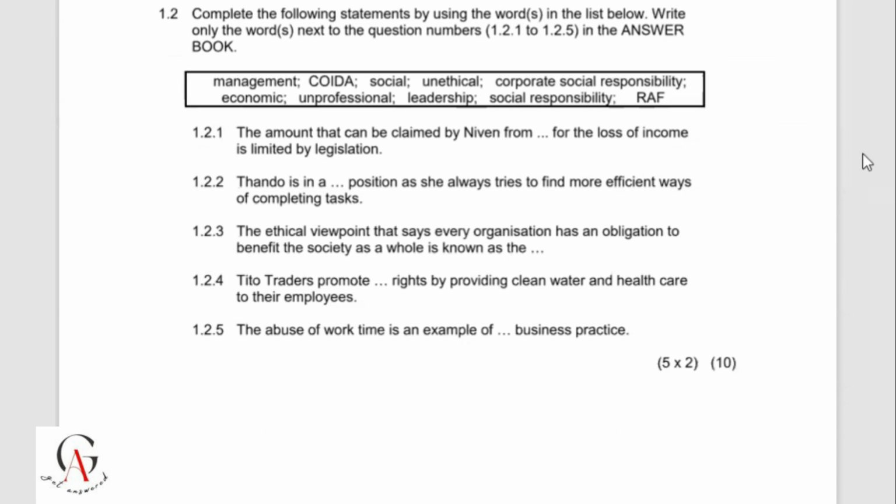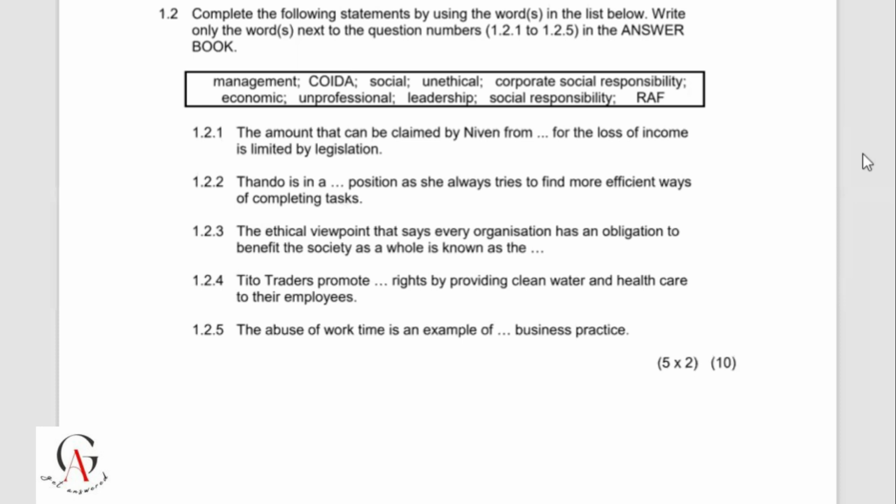Complete the following statement by using the words in the list below. Write only the word next to the question number. You're also expected to answer from question 1.2.1 to 1.2.5 in your answer book. Okay, right.